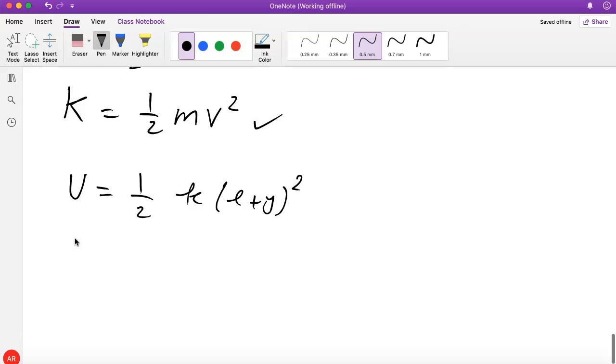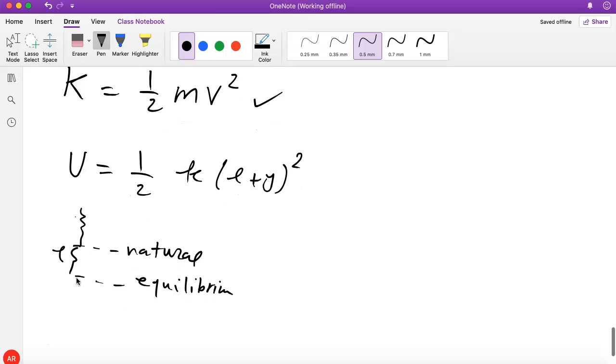So let's say again, that's the natural length. This is equilibrium, so natural, equilibrium. And let's say you move down by some other distance y. So here I'm treating y as a positive number. It's just some length that's added.